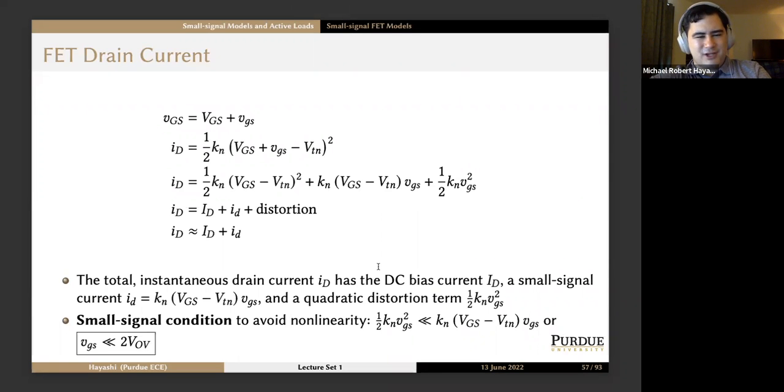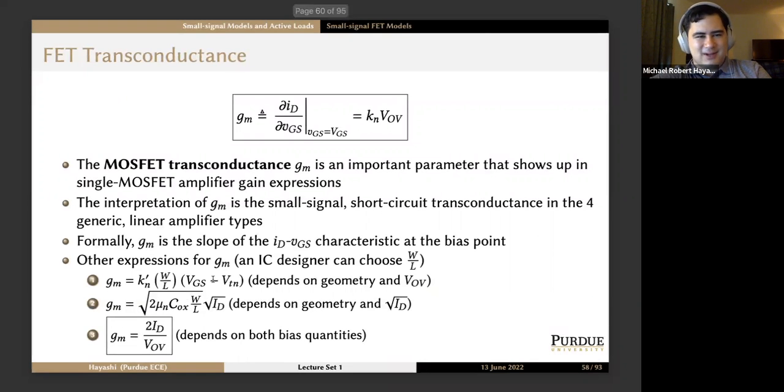Then we went through a derivation of the small signal condition we need to obey, as well as this new parameter called FET transconductance, and the 3 major ways of calculating it: geometry and the overdrive voltage, geometry and the square root of ID, or both VOV and ID.